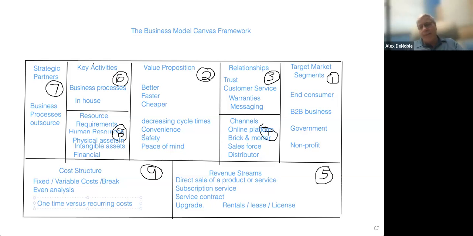So for example, if you purchase a vehicle, that's a one-time cost. If you maintain that vehicle, that's a recurring cost. The gas, the fuel, the maintenance, the repairs, recurring costs. So what's one-time versus recurring?